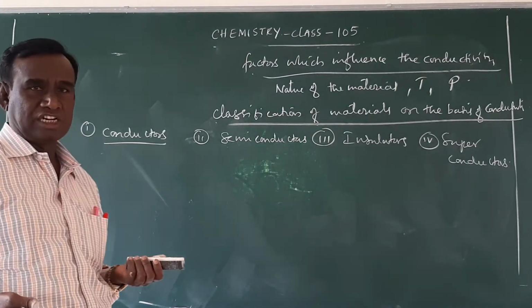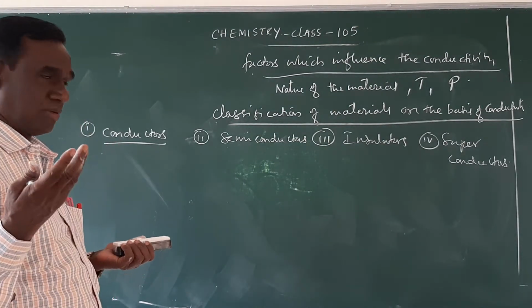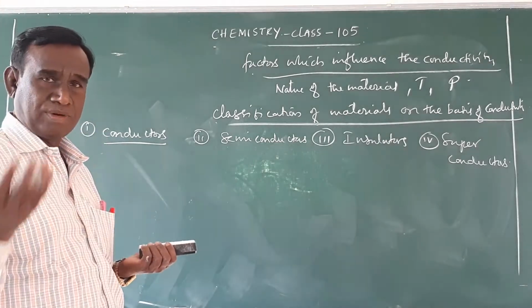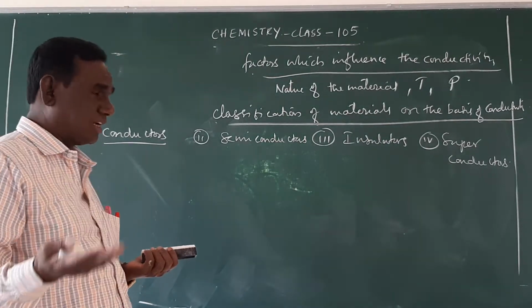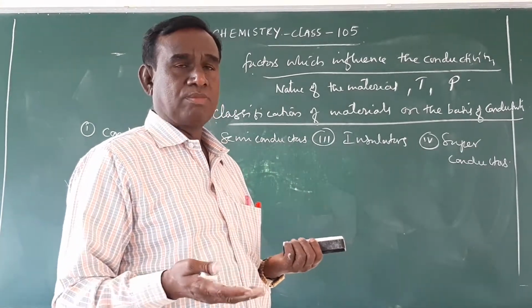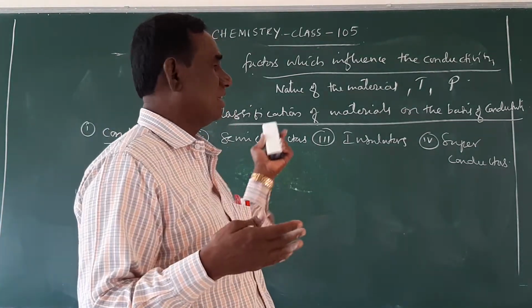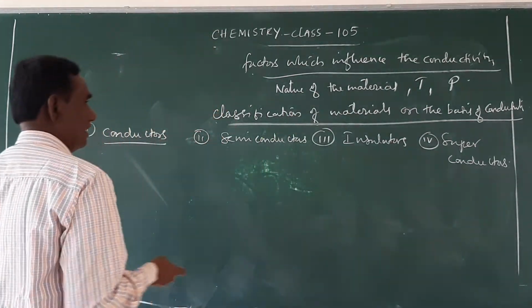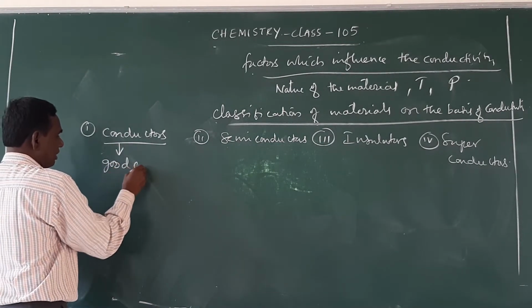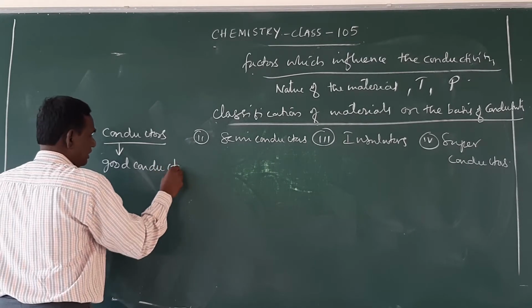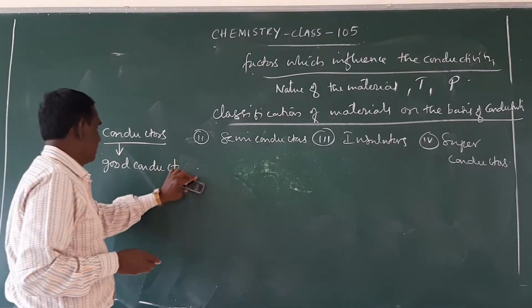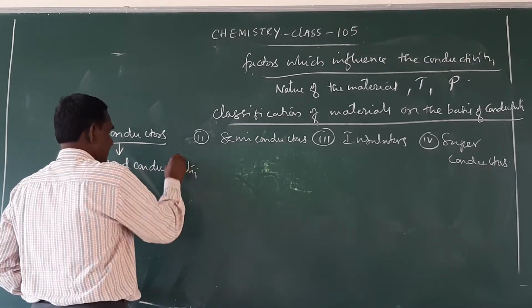For example, metals and some of the metals, and their alloys, and then non-metals like graphite, and carbon black, and some organic polymers also come under the conductors family. The conductors are the substances which show good conductivity.